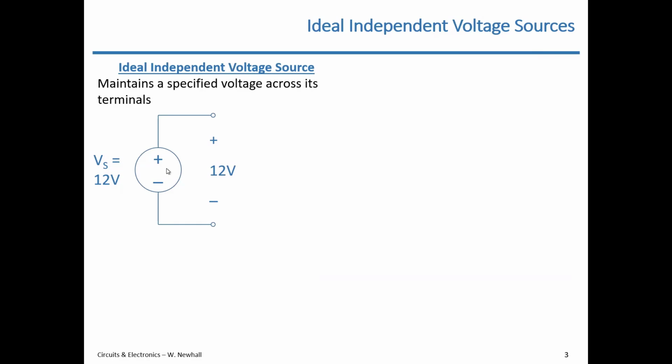So this voltage source maintains this specified voltage, with this reference polarity across its terminals. So if I have a 12-volt source with this polarity, I'm going to have 12 volts across these terminals. That's what that voltage source does.